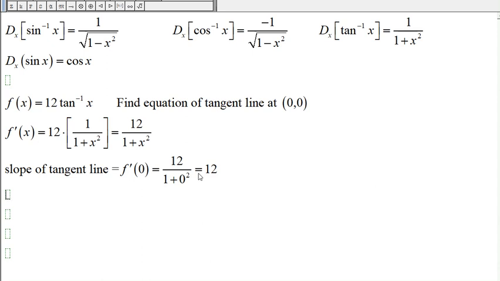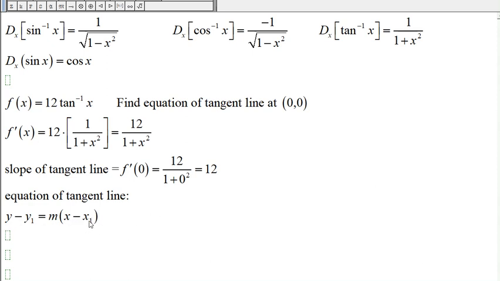So the equation of the tangent line, we use the formula y minus y1 equal to m times x minus x1.